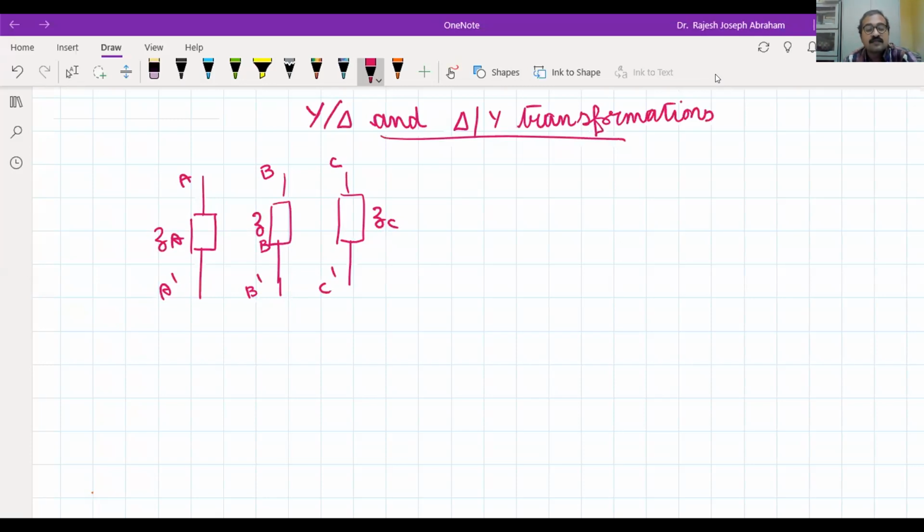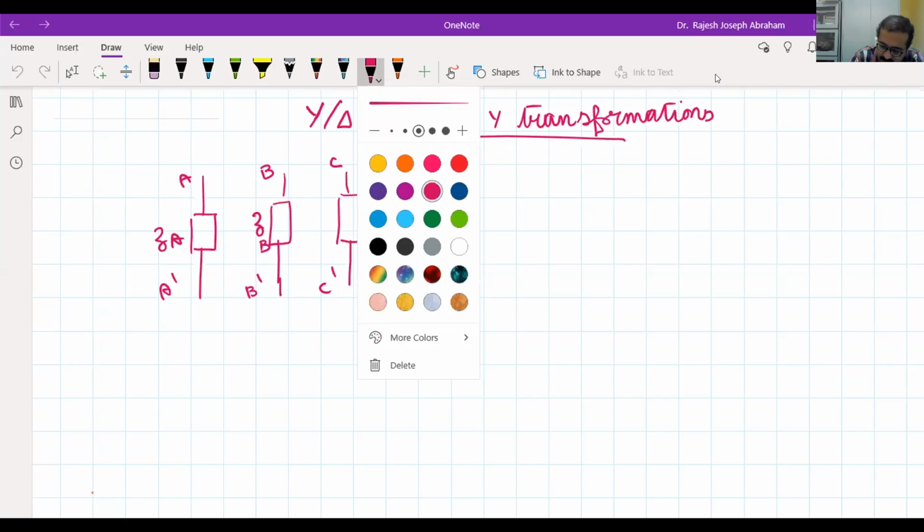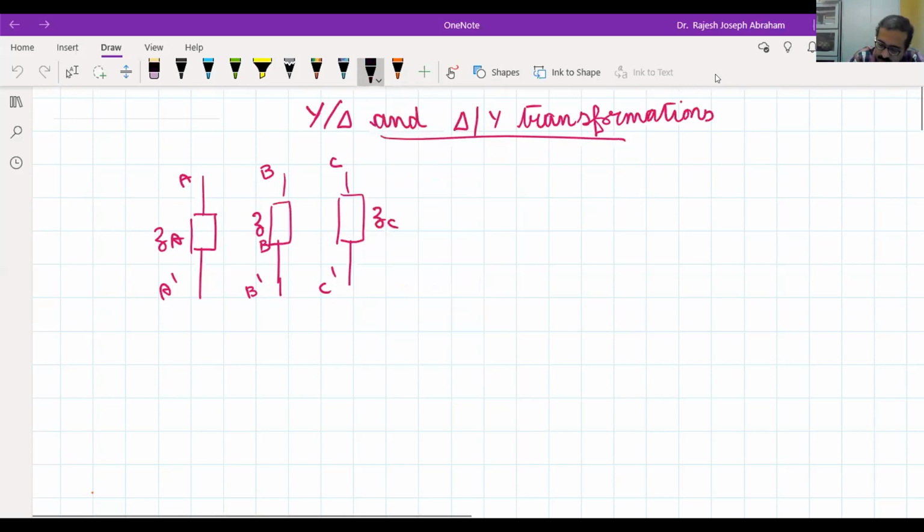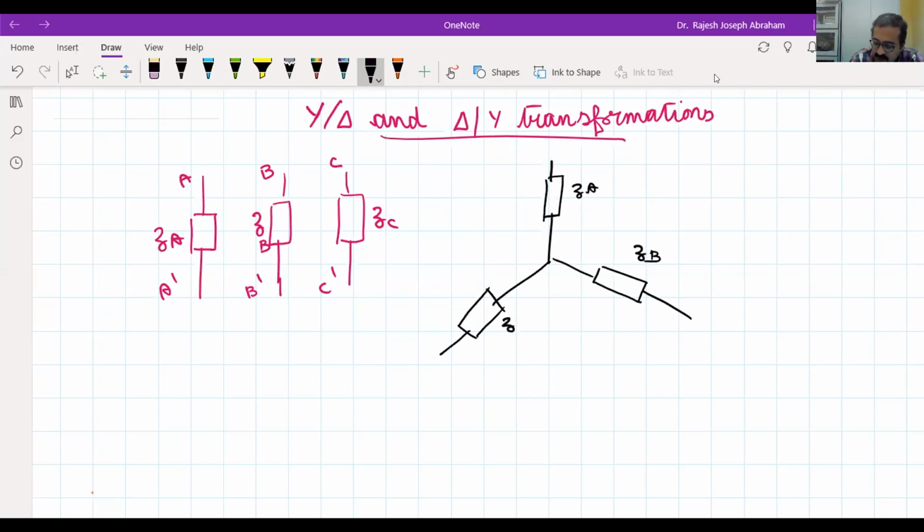And the resultant network is what is called a star configuration or a T configuration. What do you mean by that? By this, I mean something like this. So here is ZA, this is ZB, and here we have ZC. ZA, ZB, and ZC.